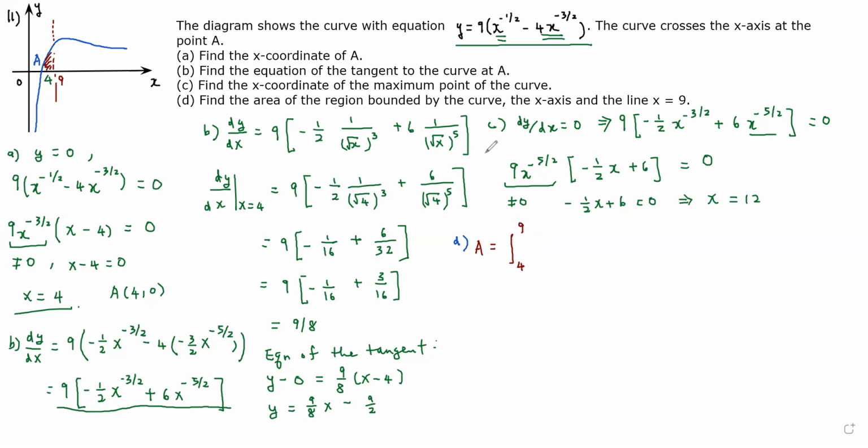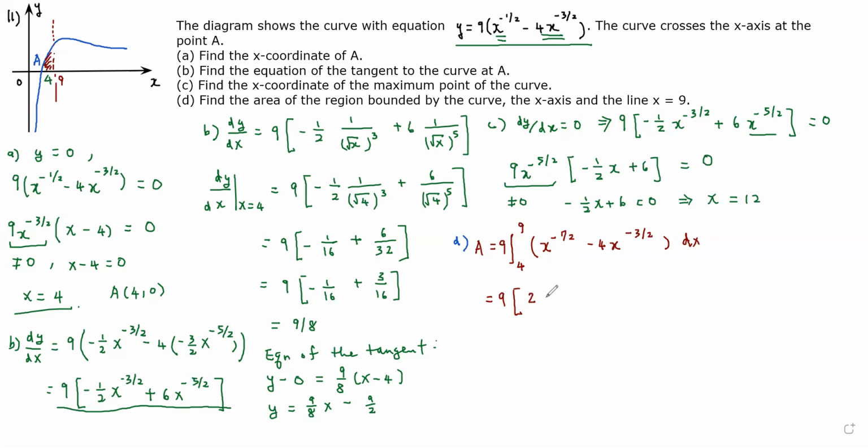Now, this equation has a coefficient of 9. We can just pull it out. Then we integrate x to the negative half minus 4 x to the negative 3 over 2 with respect to x. Let's integrate this. So negative half plus 1 is 1/2.